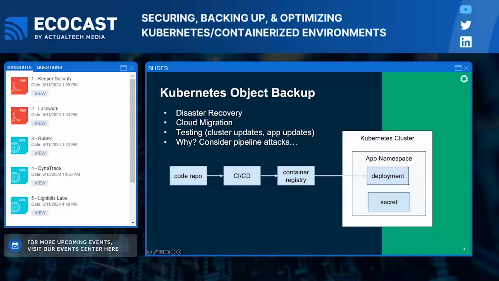We have customers actually doing restores onto a development cluster running a different version of Kubernetes to see what breaks. If you've been around Kubernetes long enough, you know there are breaking changes that do happen to their APIs, and those objects inside that application definition use Kubernetes APIs for their resources.